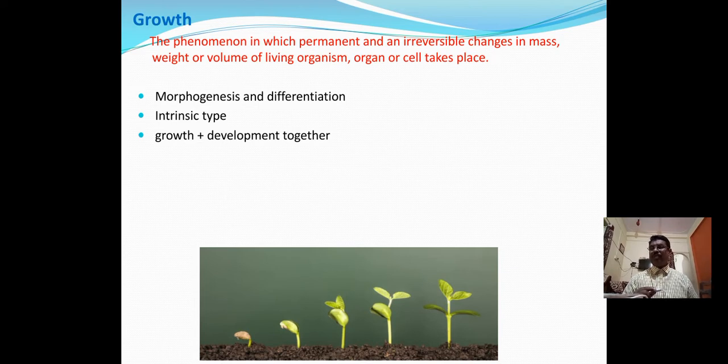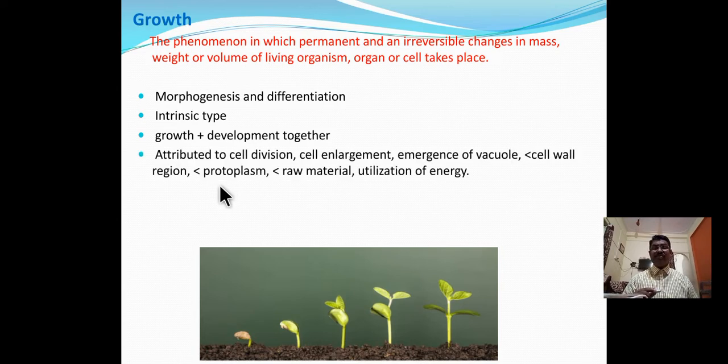The growth in the plant is attributed to the cell division, cell enlargement, emergence of vacuole, increased cell wall, increased protoplasm, increased raw material, utilization of energy, like all processes.